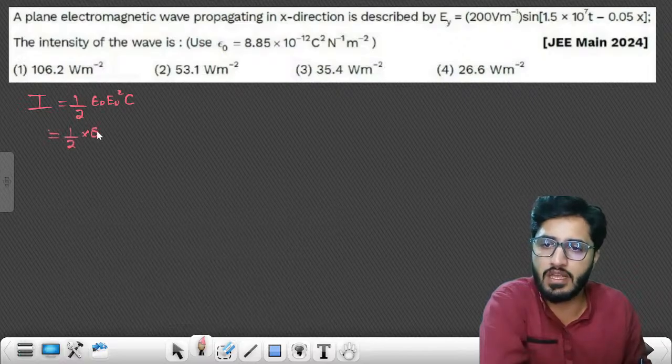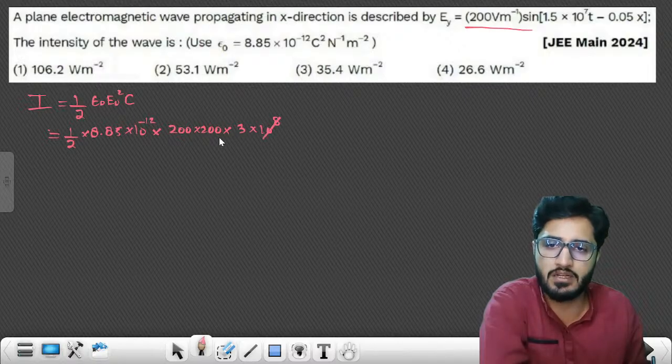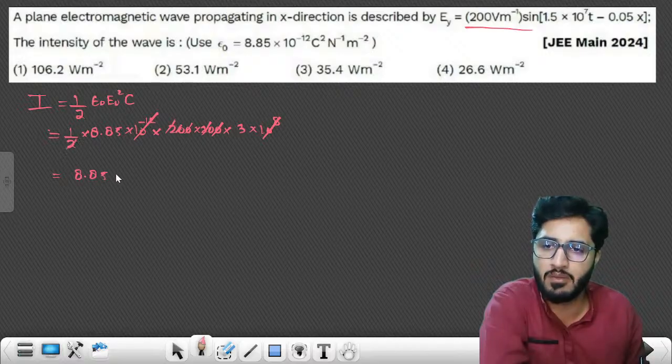Epsilon naught is 8.85 into 10 to the power minus 12, E naught is 200, so 200 multiplied with 200 into c. What is c? 3 into 10 to the power 8. 12 and 12 cancel out. So we can write 8.85 multiplied with 3 to the 6.